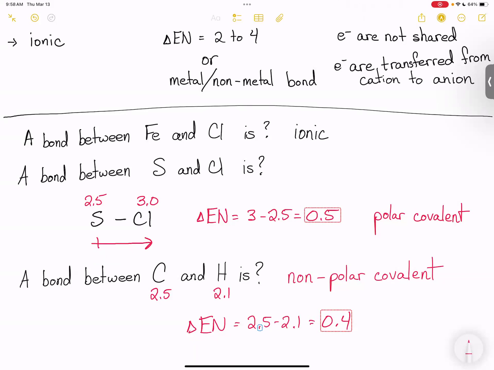And that is because you can have a polar bond, but the molecule not be polar. And I didn't want you to confuse the two. Again, you can have a polar bond, you can have a sulfur chlorine bond, but the molecule itself be nonpolar.